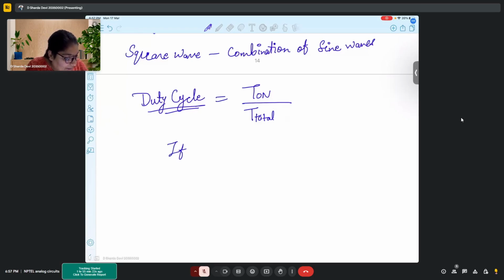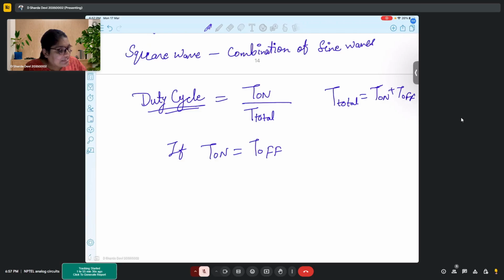We know that T total is nothing but T on plus T off, right? So if my T total is T on plus T off, and if T on equals T off, my duty cycle D would be how much? 50%. Yes, 1 by 2. So 50%, right?